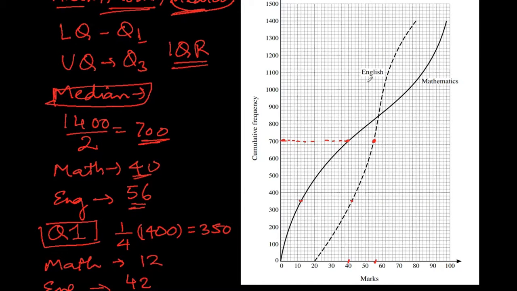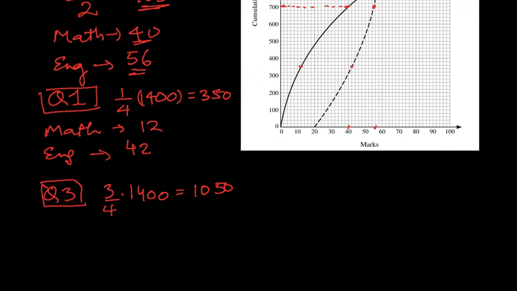So we can go here for English and here for mathematics. I have marked it up, down. This line is reaching 62. So for English, Q3 is 62.